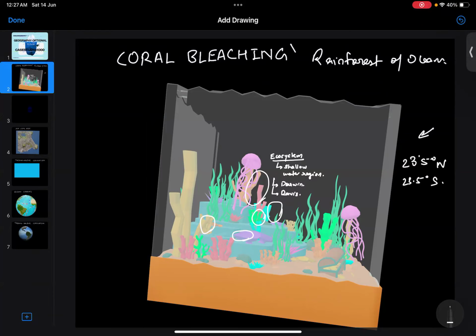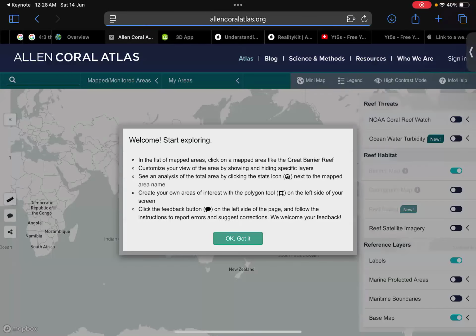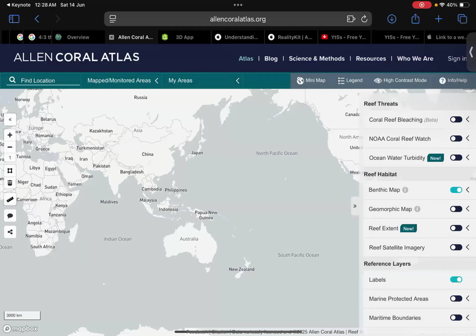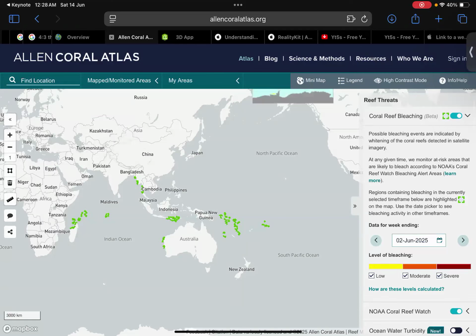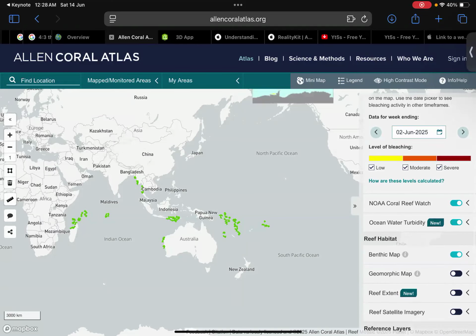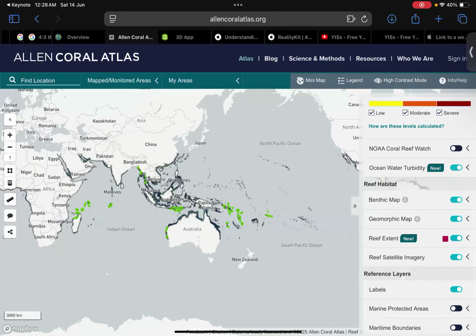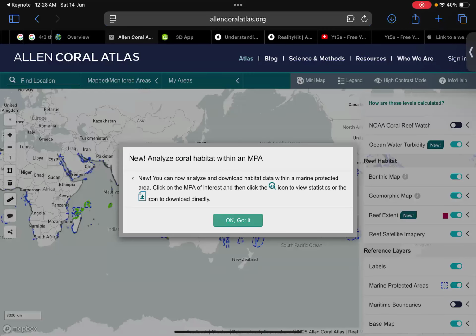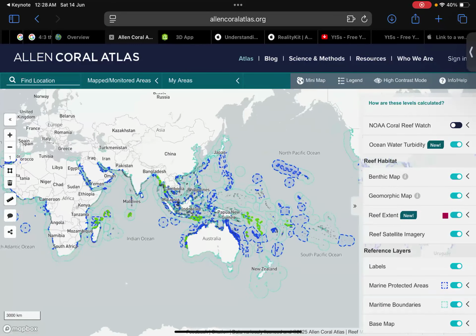To understand this, we can go to the map section, which helps us explain how coral reefs are present in contemporary times, how coral bleaching is taking place, and what has been done in contemporary times for these coral reefs.